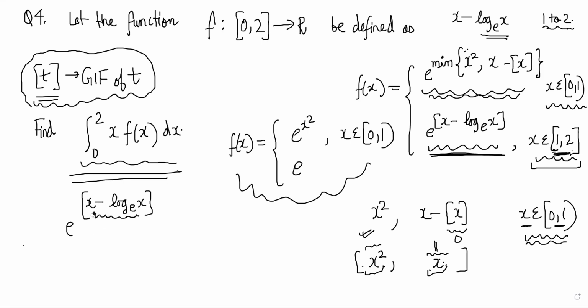Now you have to think about what is the value of x minus GIF of x minus log of x when x goes from 1 to 2, right? First of all, correct? Yes sir. If this inside part is between 1 to 2 and less than 2, then GIF will be 1, right? Yeah.